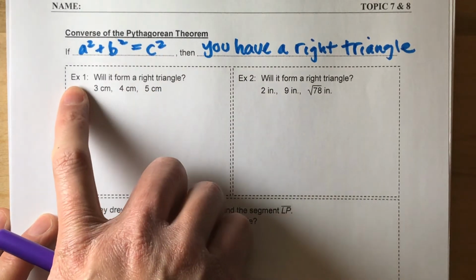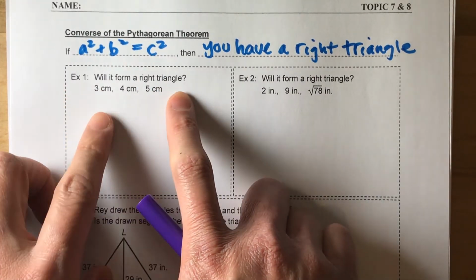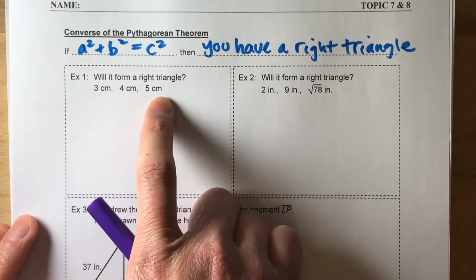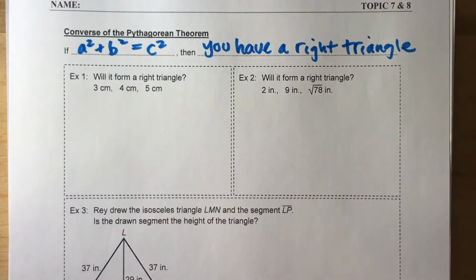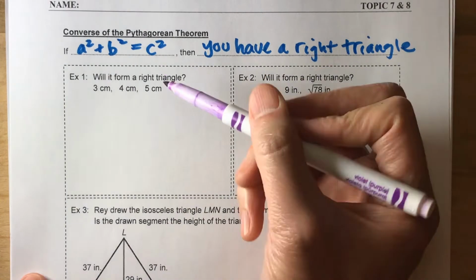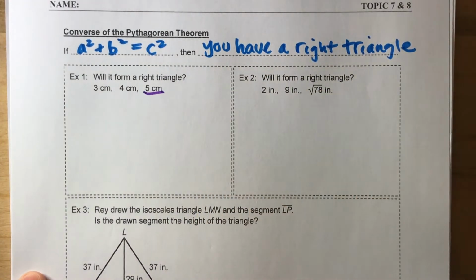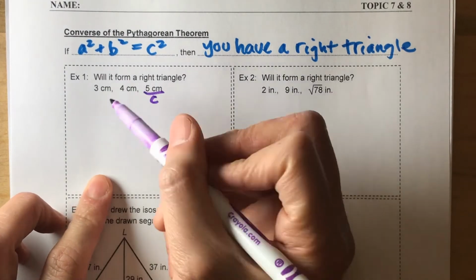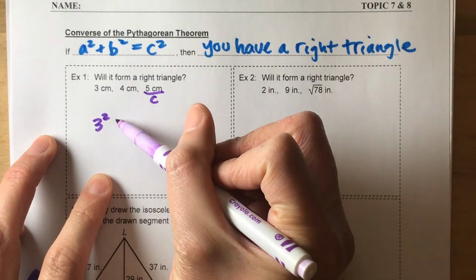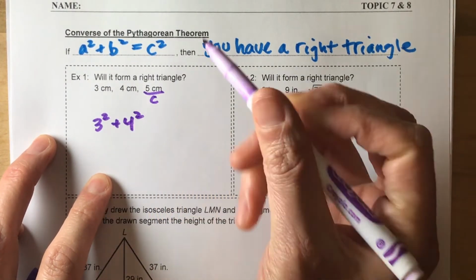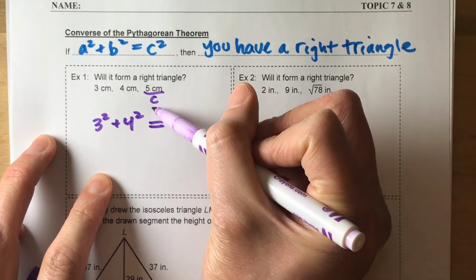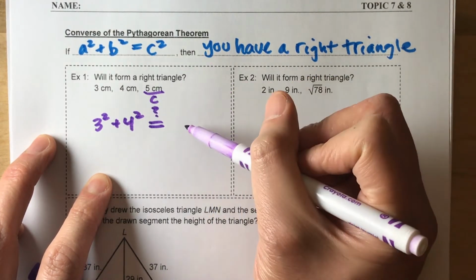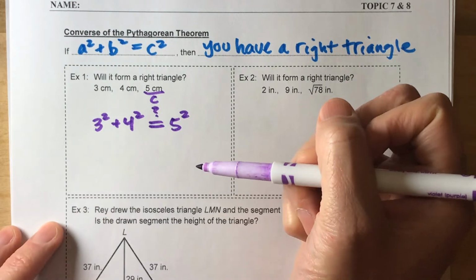I'll give you an example. Example 1, will it form a right triangle? You've got 3 sides here: 3 centimeters, 4 centimeters, 5 centimeters. Which side's the longest? Obviously 5 is the longest, so that's got to be your c. When we set this up, we're going to see if 3 squared plus 4 squared, does it equal, I'm going to put a little question mark over the equal sign, does it equal 5 squared?